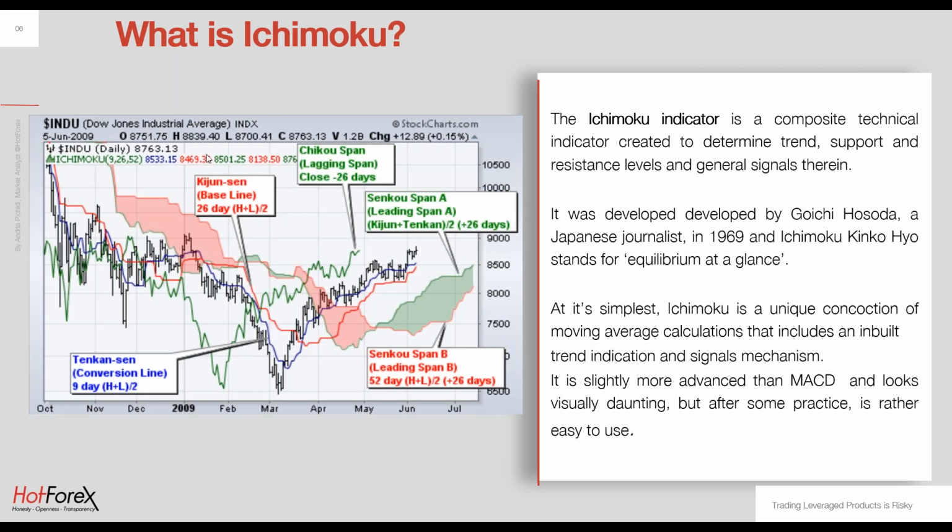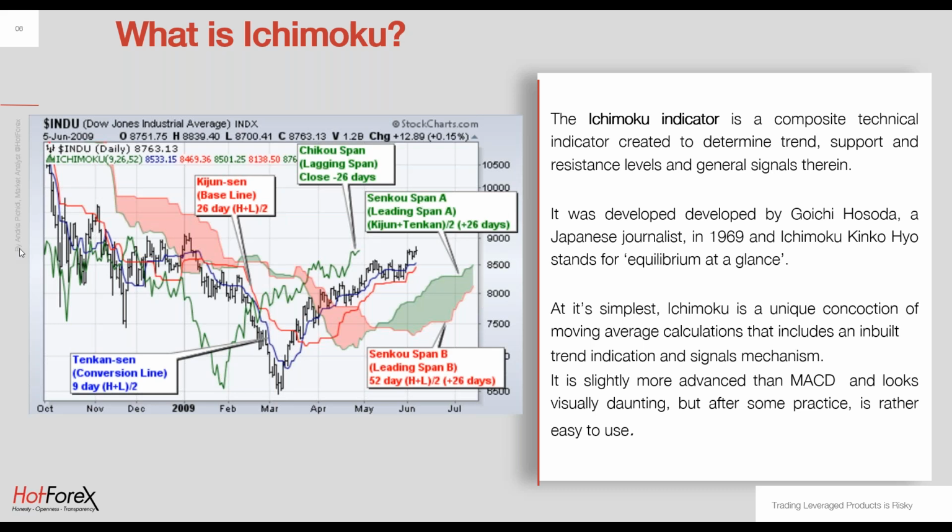Now, the Kijun-sen is the baseline, in red, as you can see. This is pretty much the moving average, the average price of the previous 26 sessions: the 26-session high plus the 26-session low divided by 2.